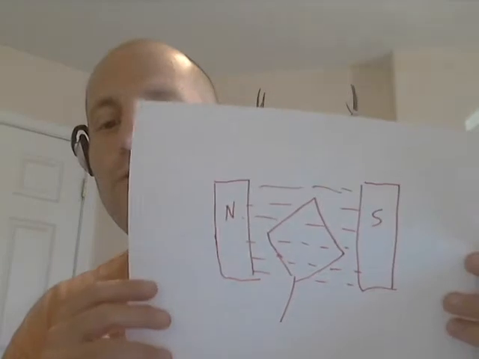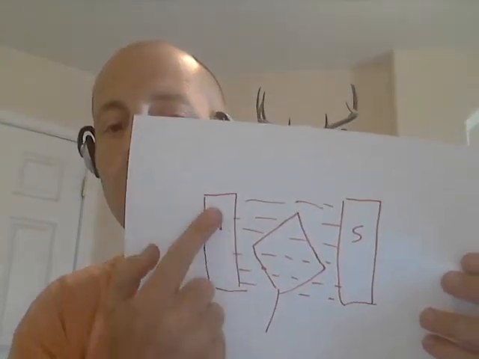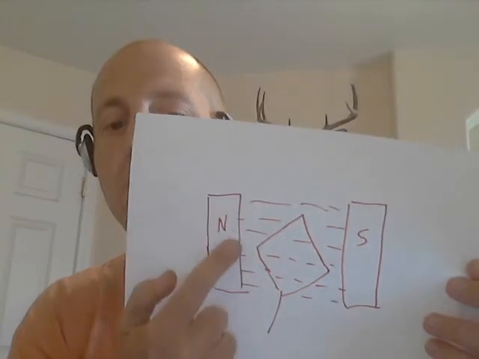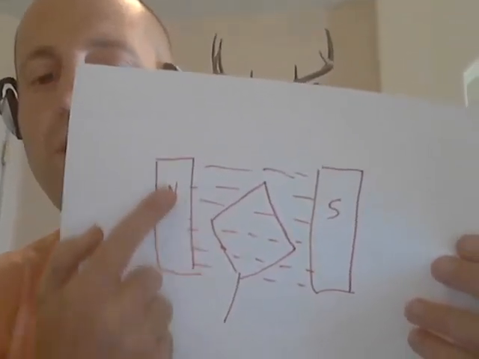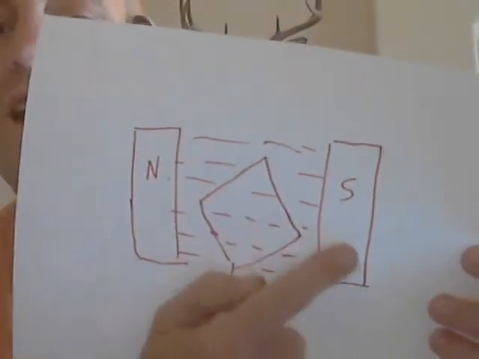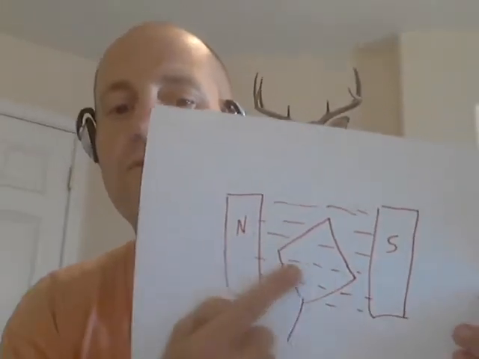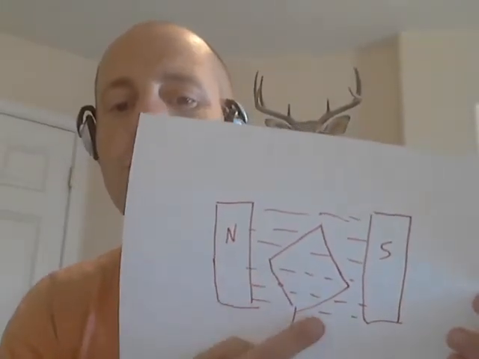Okay, so a very crude visualization of this process I have made through this little diagram. Let's say that this box here represents a magnet, the North Pole. And this other box with the S in it represents the South Pole. And the little dotted lines represent the lines of magnetic force.